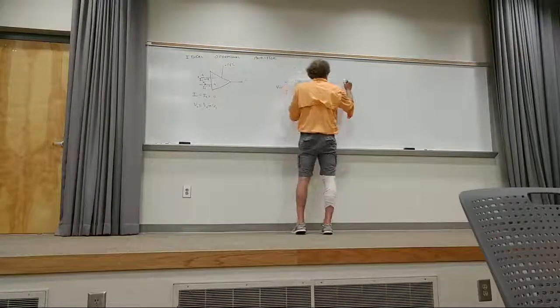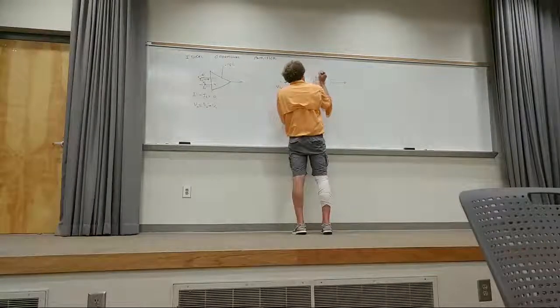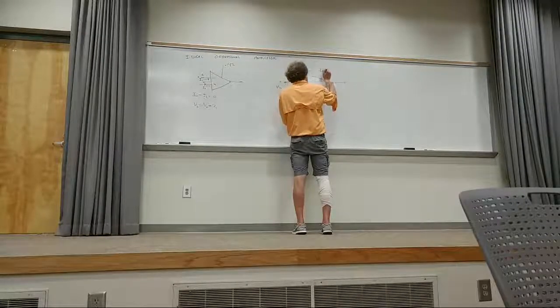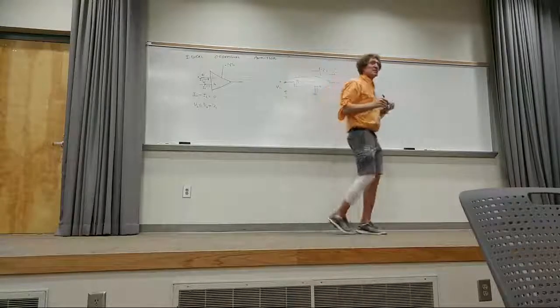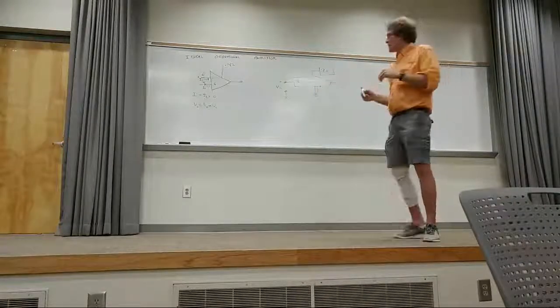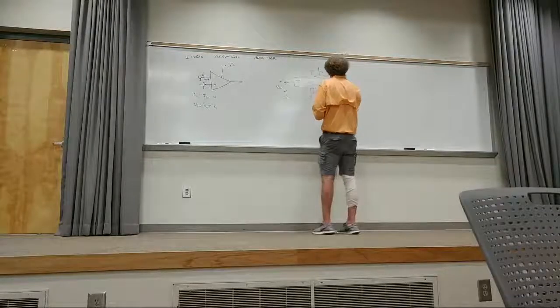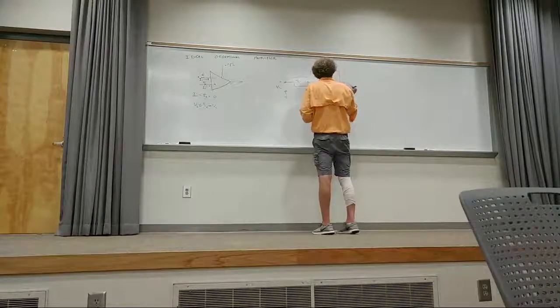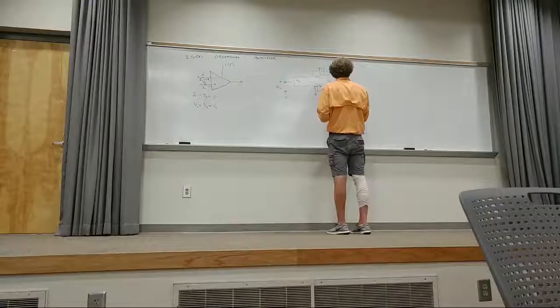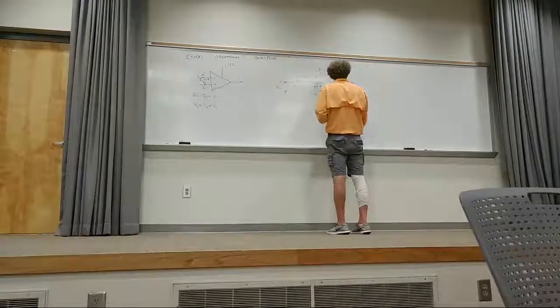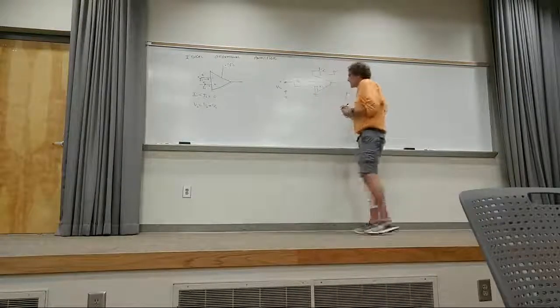Then this is the output, but between the input negative terminal and the output, you're going to have some Z2. That's any impedance, and it can be in the S domain. It usually is in the S domain. And then you're going to have an output here, so that's connected. The output voltage, V out plus to ground, is right there.